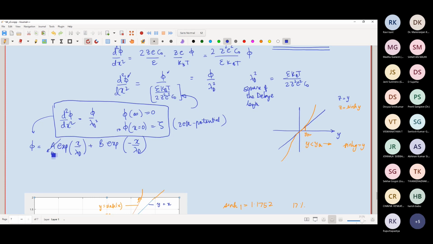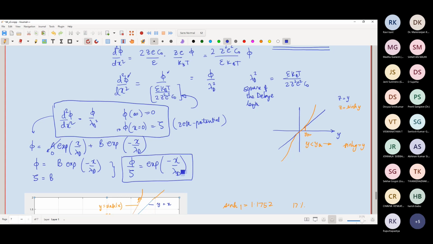That is why this constant has to be 0. So φ is equal to B exponential of minus x over λD. Now we can make use of the potential at the wall. φ at x equal to 0 is ζ. So ζ is equal to B exponential of 0, which is 1. So B is equal to ζ. Combining these two, we get φ over ζ is equal to exponential of minus x over λD.